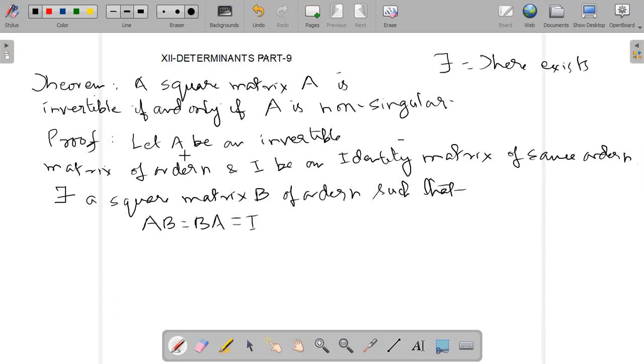Okay. A is invertible, so there must be one matrix which will multiply with A and give you the unit matrix.